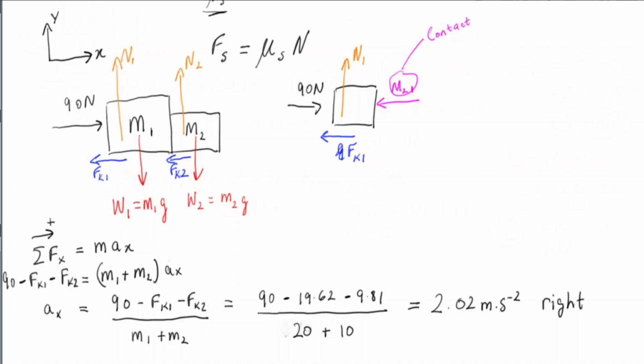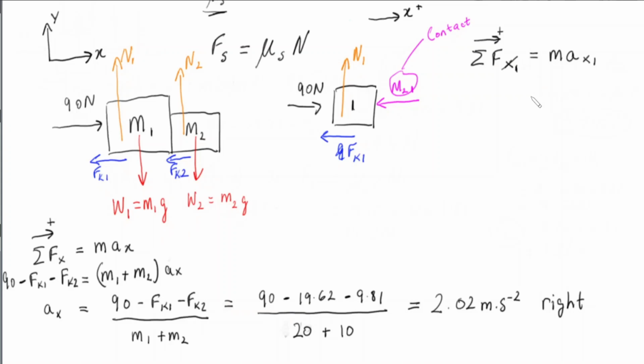So using the same procedure as before, let's look at all the forces that are occurring in the x direction. And I'll put in a coordinate system, but just in the x direction. And we'll make the right as positive. So we can say the sum of all the forces in the x direction, where right is positive, is equal to ma. And because we're looking at mass number 1, we can say that x is actually x1 and that a is actually ax1.